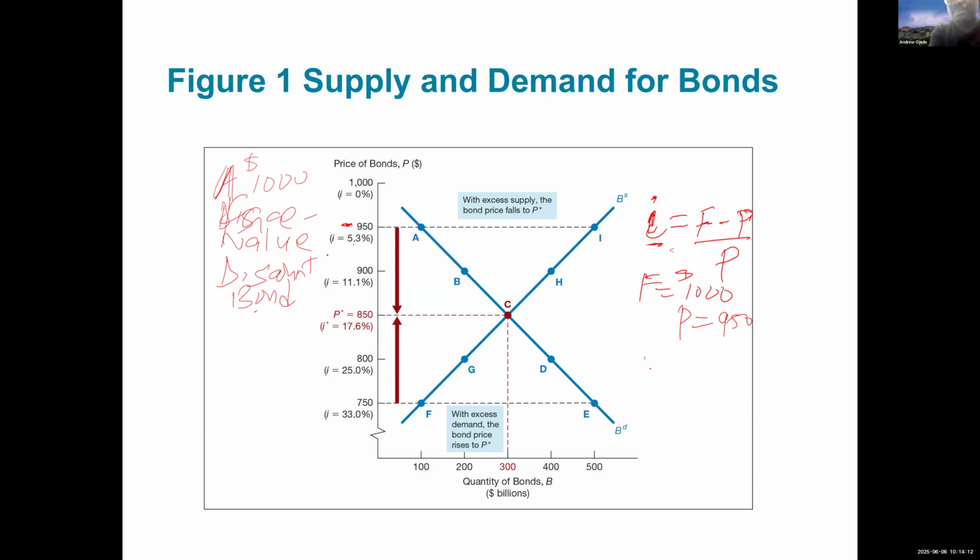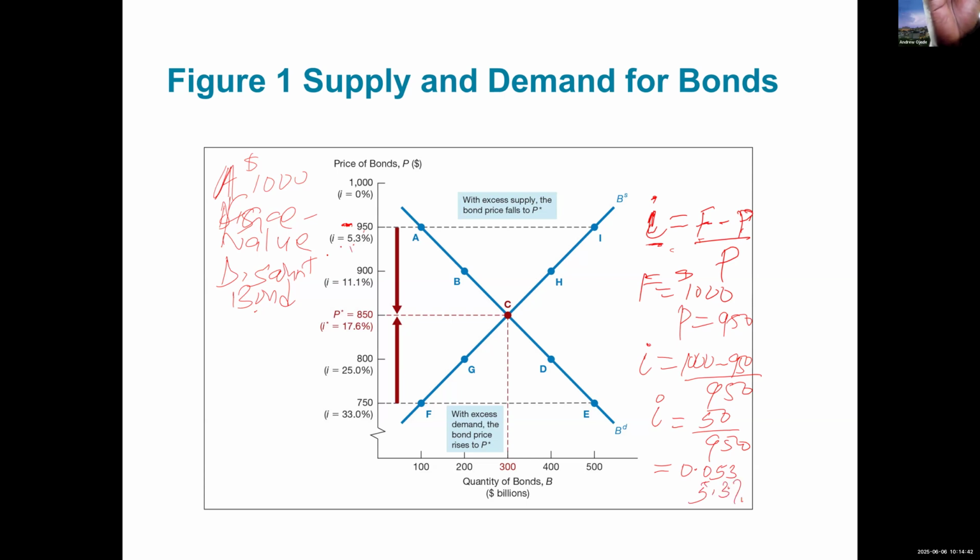You plug in the numbers: I equals face value of $1,000 minus the price of $950, divided by the price, $950. If you use your calculator, 1,000 minus 950 is 50, divided by 950. So this is equal to 0.053, which in percentage is 5.3%.